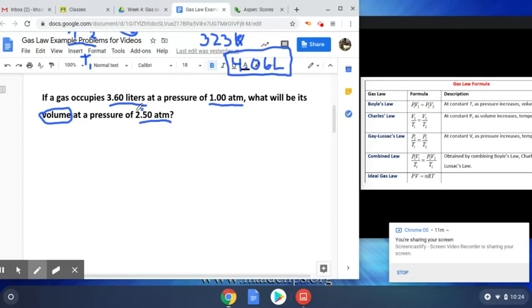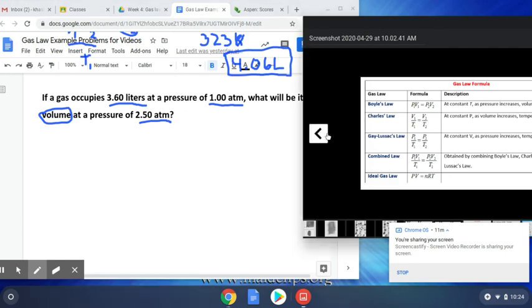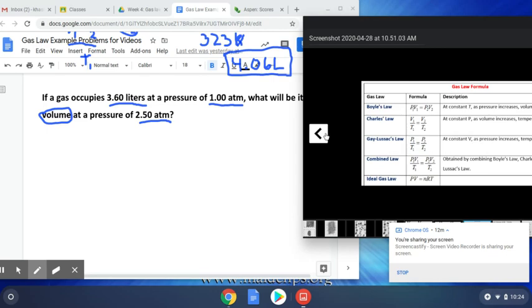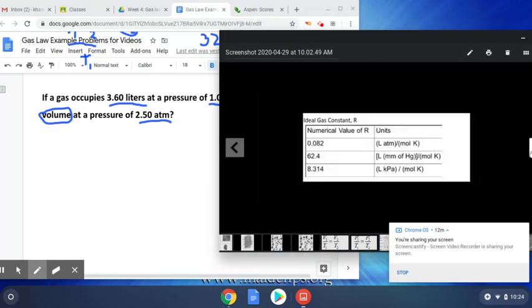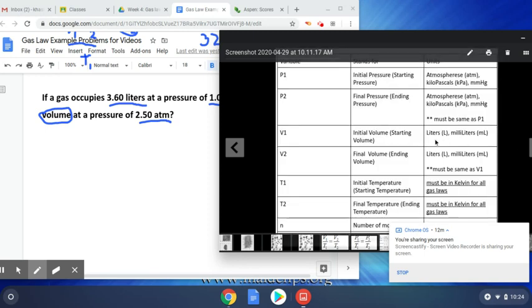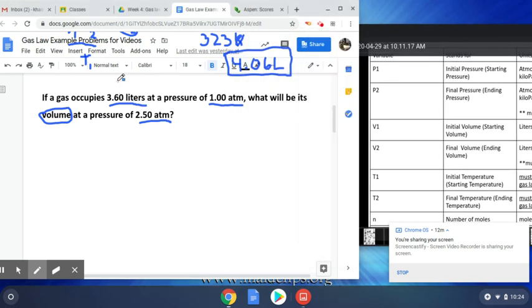So here we have 3.60 liters. So if you go to your variable chart, which I can never find, here it is, you find liters. Liters is volume, so we're going to label the first one as V1.